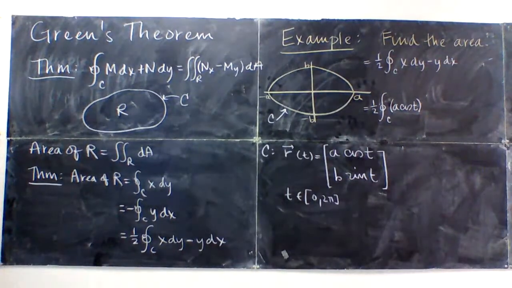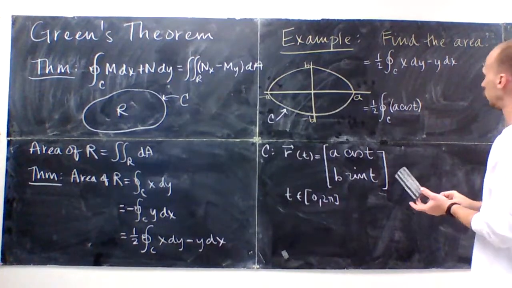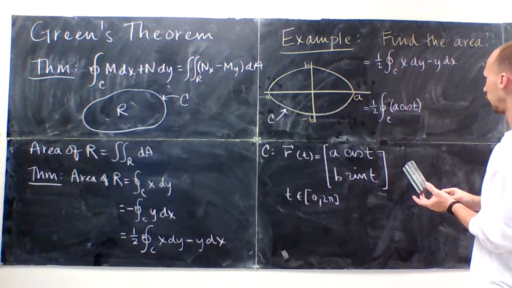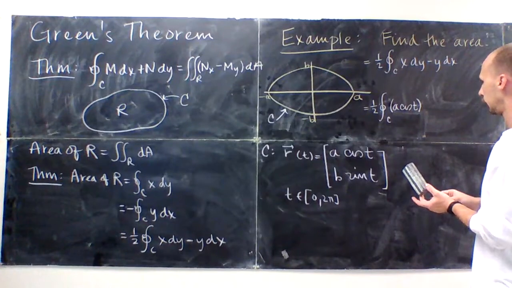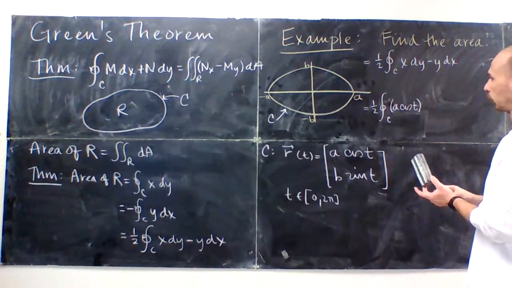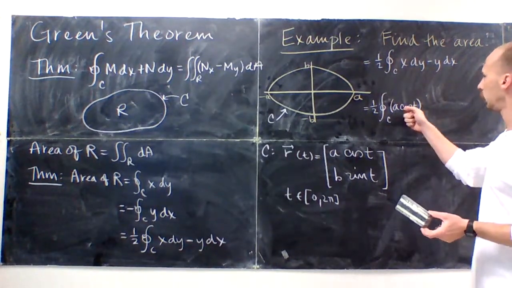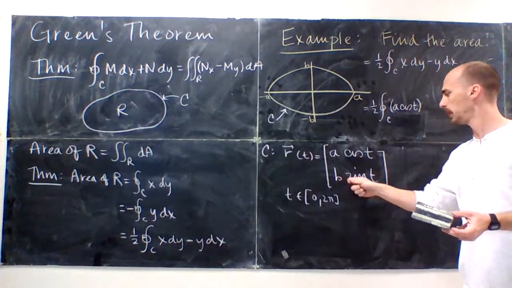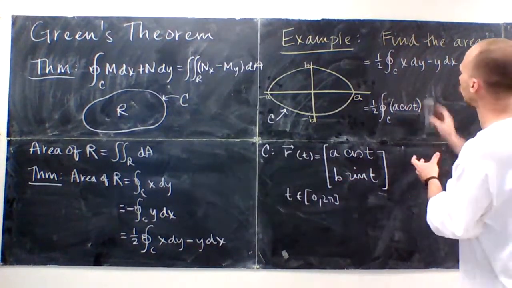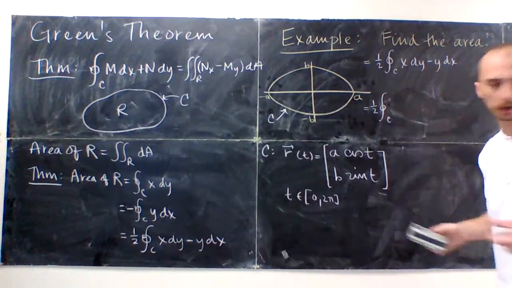I'm going to have to write this: a cosine t times b cosine t dt. So that's ab cosine squared t.